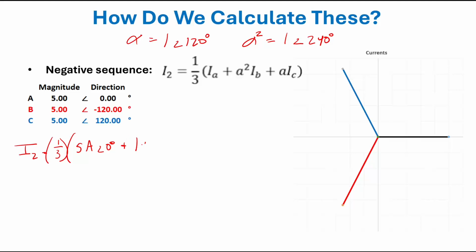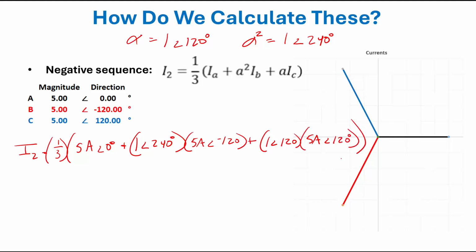So alpha squared is 1 at an angle of 240 degrees times our IB, which is 5 amps at an angle of negative 120, plus alpha, which is 1 at an angle of 120, times IC, which is 5 amps at an angle of 120.